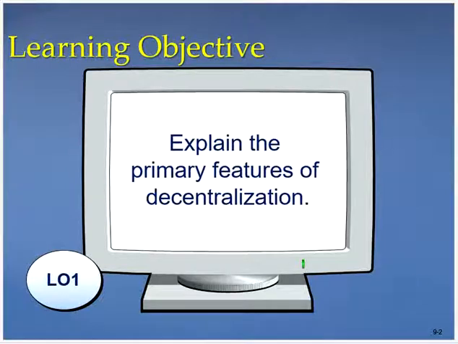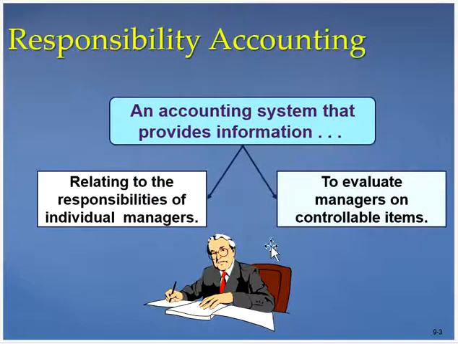We'll continue on our next slide, responsibility accounting, just what I've said before. What is responsibility accounting? It is an accounting system that provides information relating to the responsibilities of individual managers. You identify his responsibilities, and then you evaluate his performance on items which are controllable.